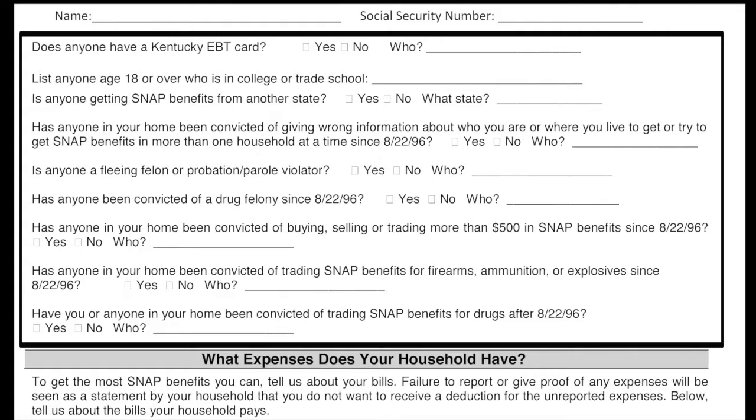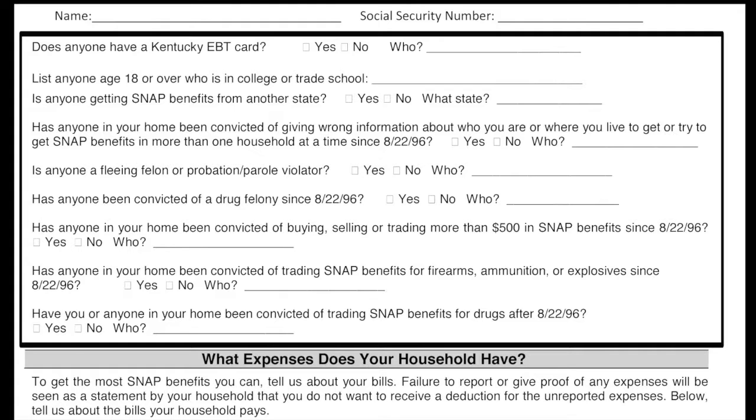The client must answer if they are a fleeing felon, if they have been convicted of a drug felony, if anyone in the home has been convicted of buying, selling, or trading more than $500 in SNAP benefits since August 22, 1996. If anyone in their home has been convicted of trading SNAP benefits for firearms, ammunition, explosives, or for drugs since August 22, 1996.